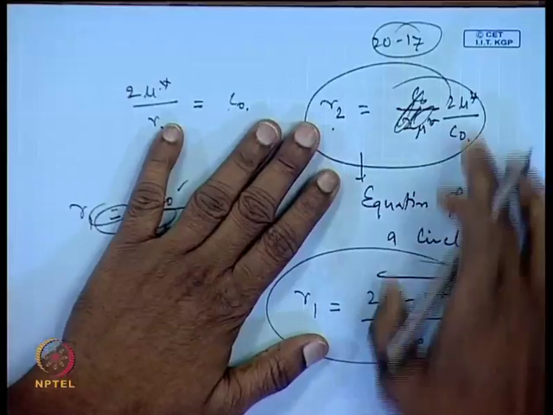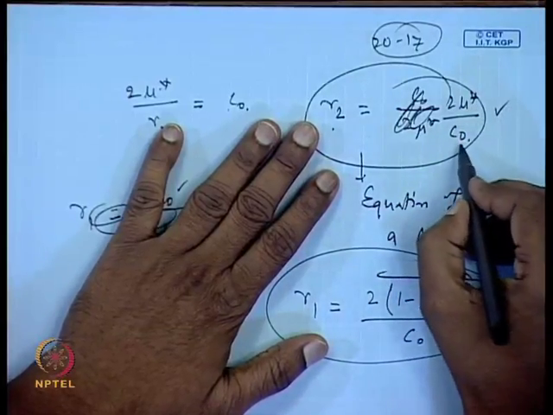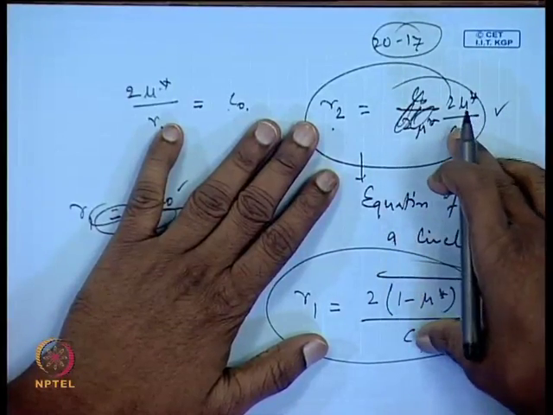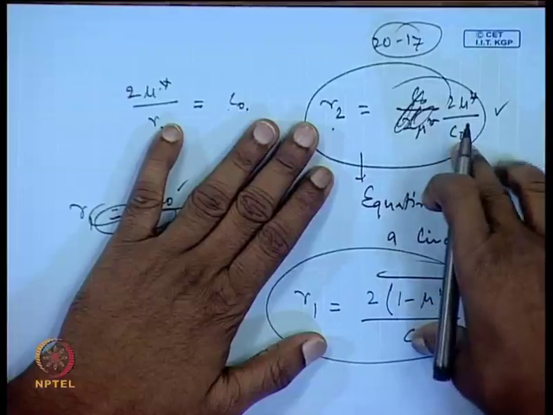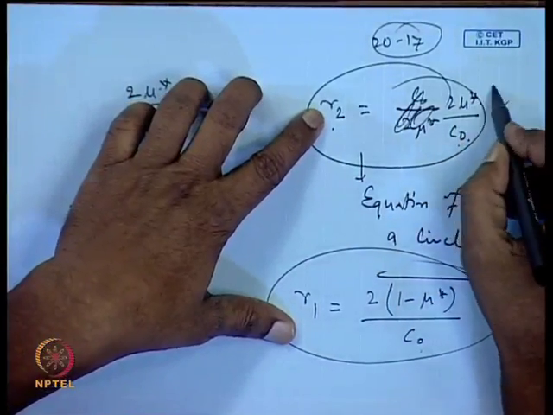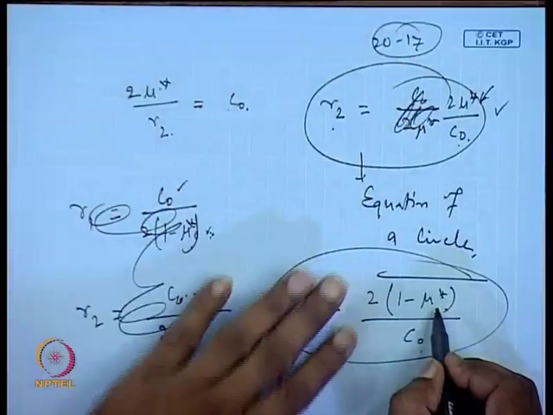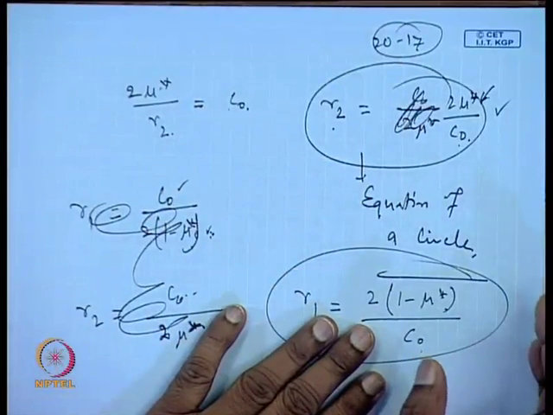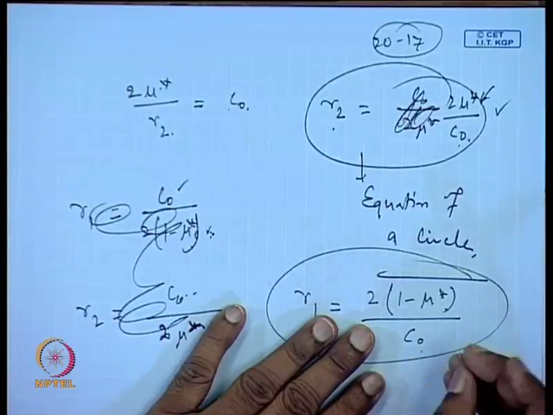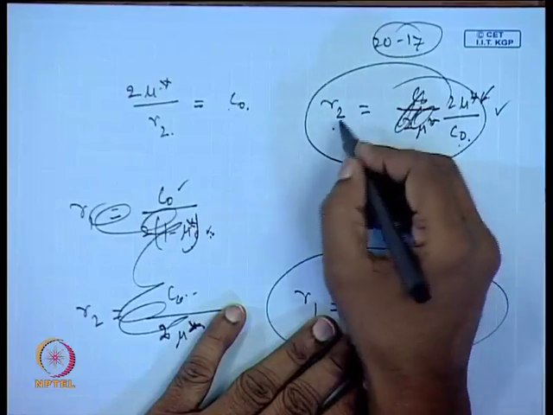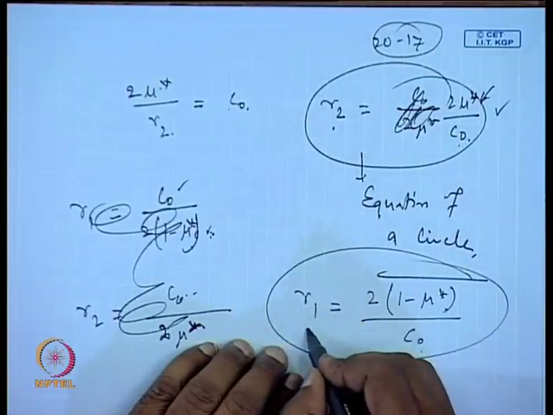Now, compare these two equations here. C 0 is the same in both these cases, but mu star is quite small as compared to 1 minus mu star. In the case of the Sun Earth system, mu star is almost 10 to the power minus 6, it is almost 0. So, virtually R 2 will be very small as compared to R 1.